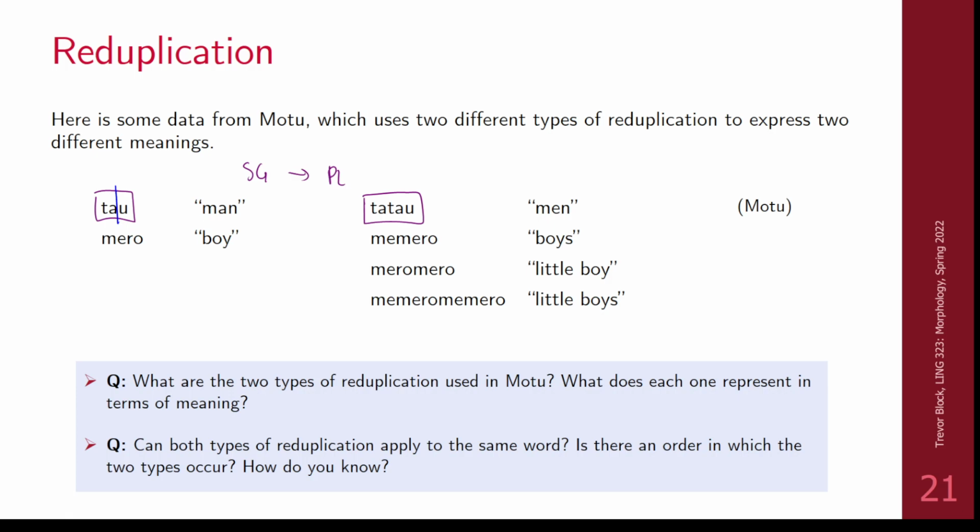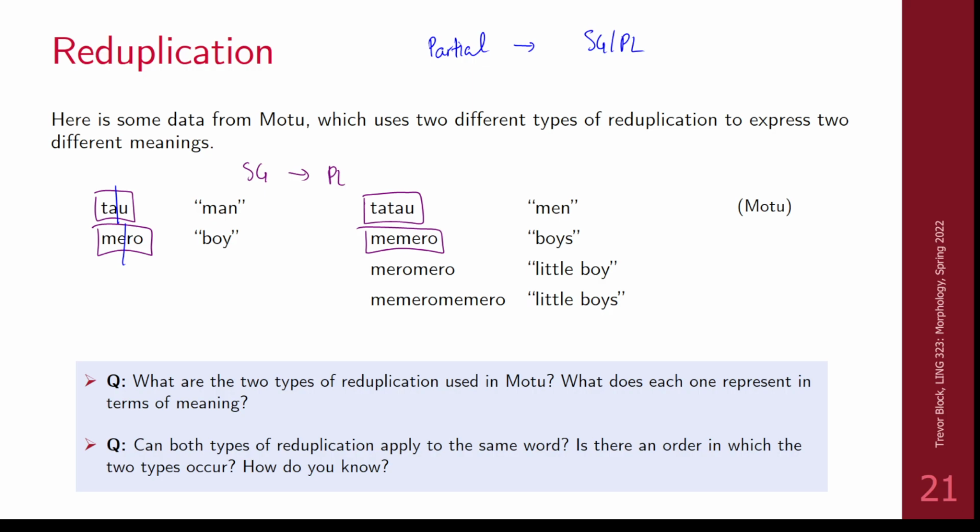With the case of boy going to boys, so marrow becoming mamarrow, we're not getting marrowmarrow here, we're just getting mamarrow. So the first bit is copied. So that's one type of reduplication. So we have partial reduplication, and this is showing the difference between singular and plural.